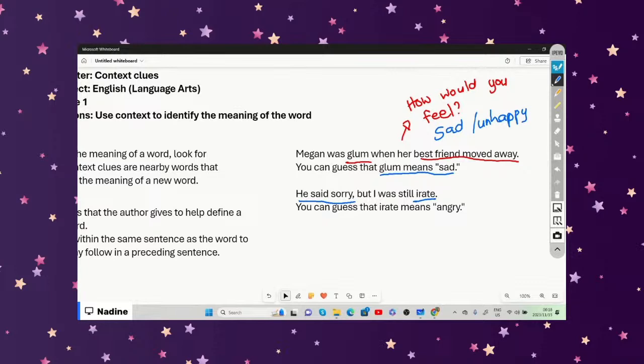They are giving us the context clue, which is, for example, he said sorry, and our word that we need to define is irate. So in our sentence, it says, he said sorry, but I was still irate.